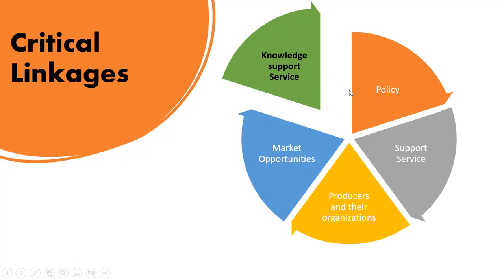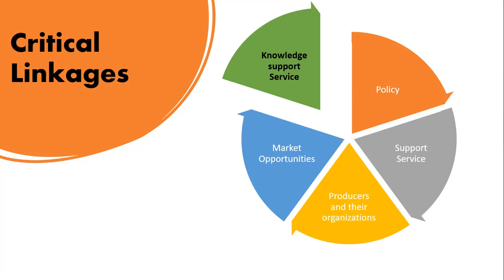What happened is that the organic policy failed, because policy people took the decision, but the others were not in the one link. If anyone wants to take a decision on the development of the agricultural sector, the critical linkages are very, very, very important. So the person doing implementation should consider these linkages.